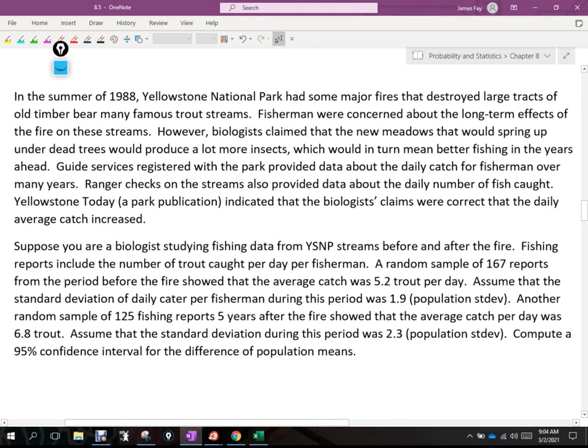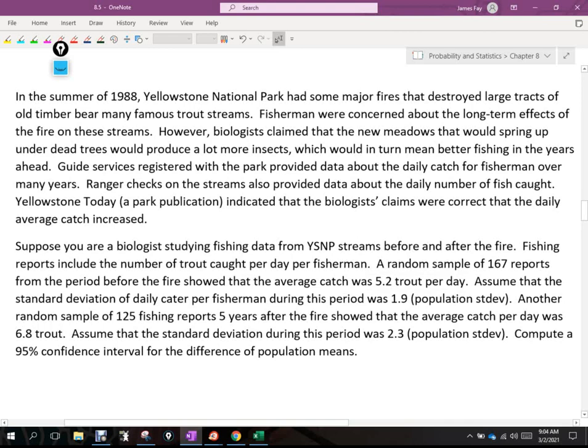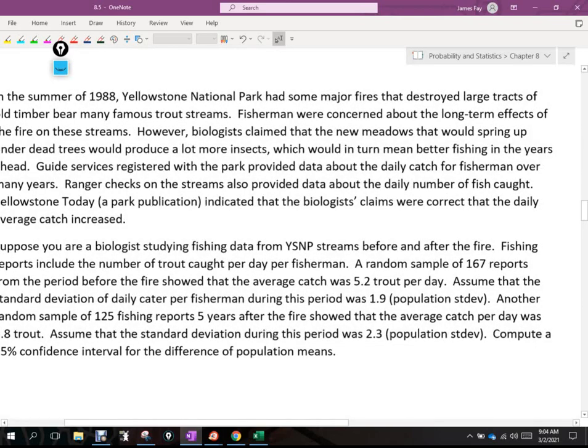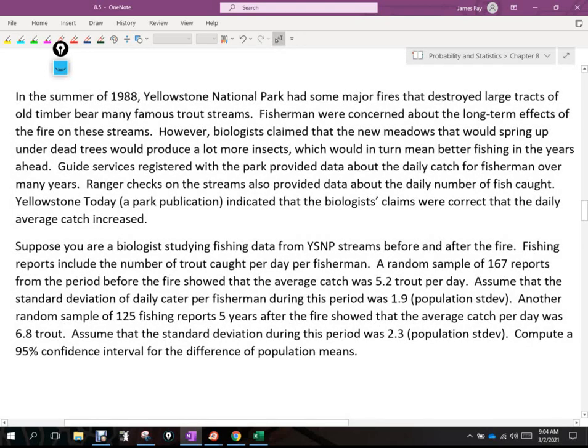So the question is, if we're looking at just the average catch per day, 5.2 to 6.8, somebody might argue, yes, there's better fishing, but those are point estimates. Does that make sense? Okay, and look at the standard deviation. This is 2.3, and this is 1.9.